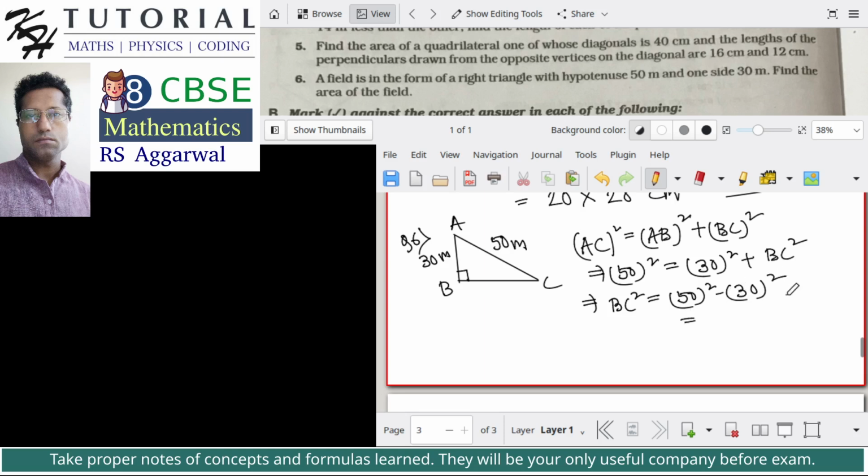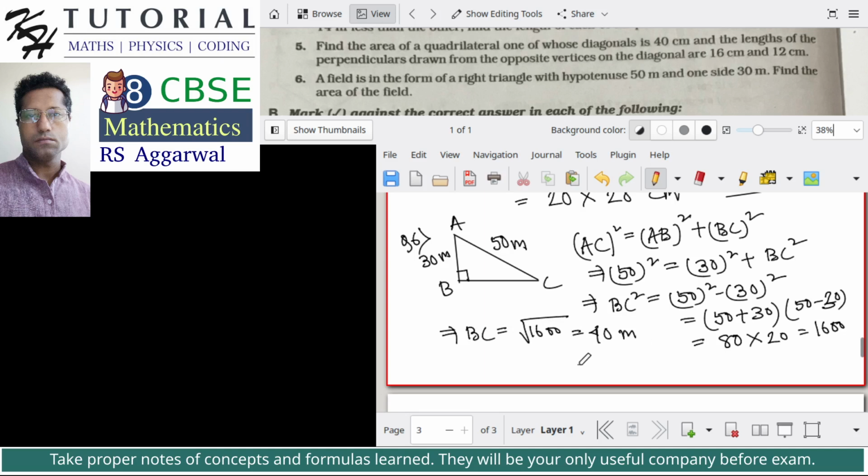Applying the formula a square minus b square is equal to a minus b into a plus b, this is equal to 50 plus 30 multiplied by 50 minus 30. So this is 80 multiplied by 20. And this is 1600. So this will imply BC is equal to square root of 1600, which is 40. So BC is 40 meter.